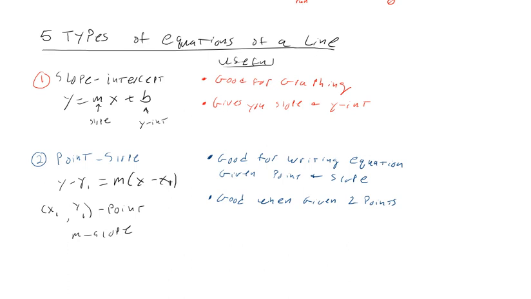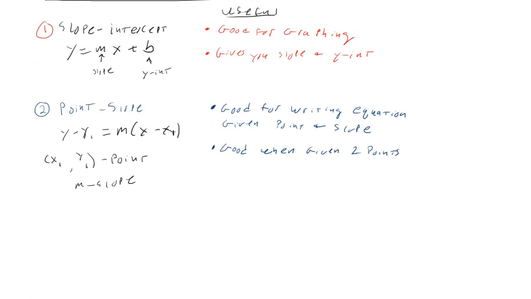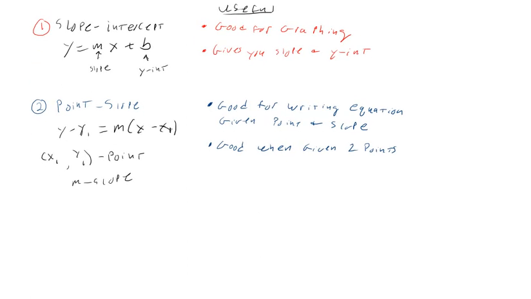They all produce the same result. They all make an equation of a line. You can translate between any of these kinds of equations, but some are useful in other situations. So knowing how these are useful, that'll be good.